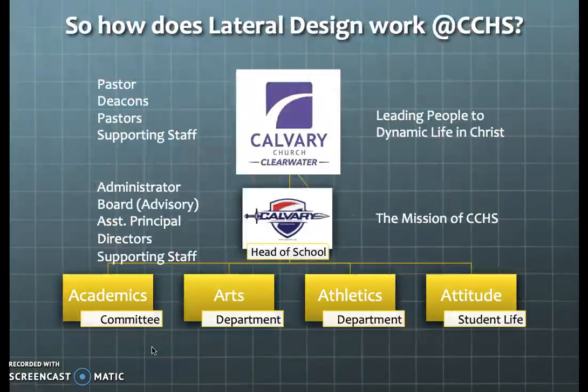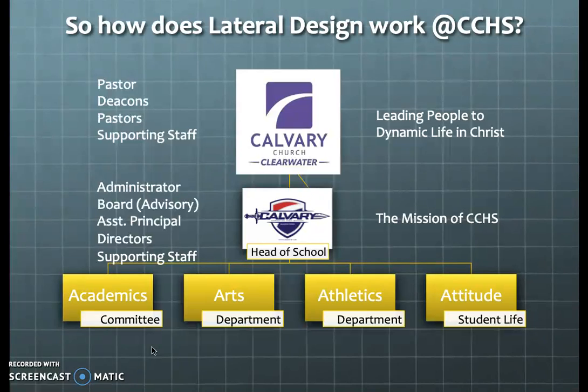So let's take a look for a few moments at how this lateral design would work at CCHS. What is viewed here on the template is Calvary Church of Clearwater. To the right, their mission is leading people to dynamic life in Christ.